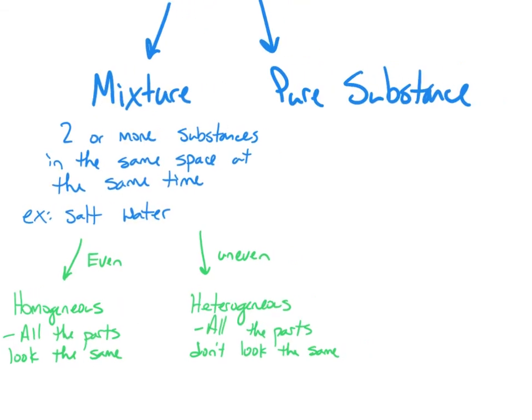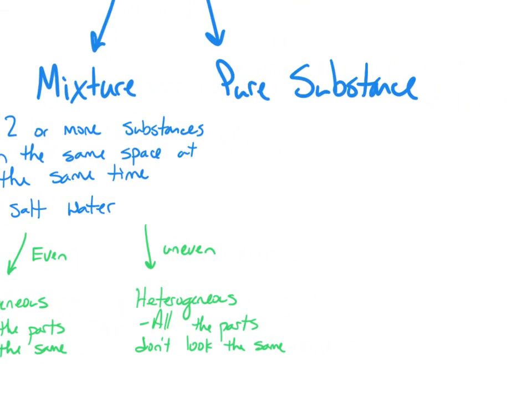Now let's shift gears and talk about the pure substances. A pure substance is a situation where the matter consists of all the exact same particles. So for example, if you've got a sample of pure water, and pure being the key word here, it's all just H2O.